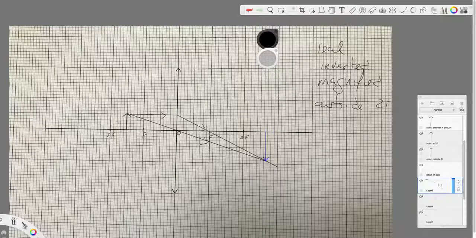Move the object in further, now between F and 2F. The image is still real, still inverted. It has moved out, so as we move the object in, the image is moving out and getting bigger. And it's real and it's inverted. That pattern doesn't absolutely hold, but it holds for almost all of them.